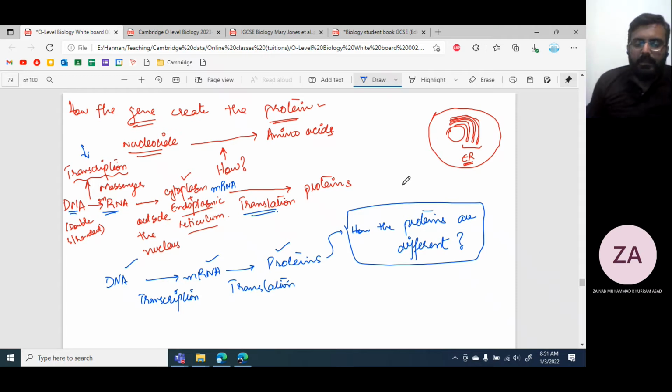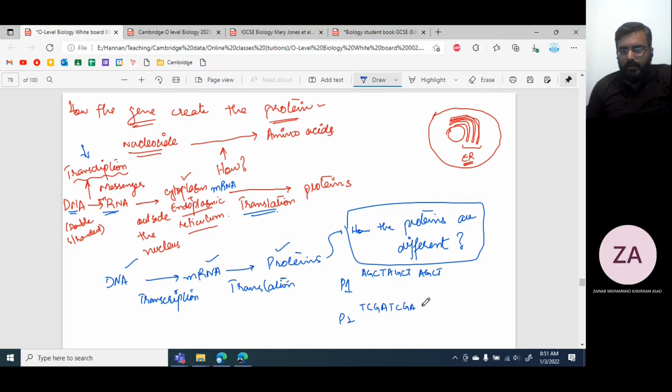It means that if I am making protein 1 and protein 2, and I have the DNA sequence AGCT, AGCT, AGCT, then I have the sequence TCGA, TCGA, TCGA.